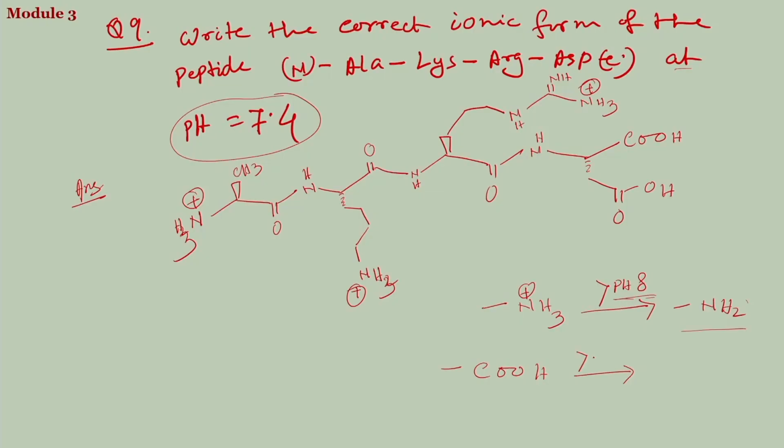So above pH 4 they will exist as the deprotonated form, COO minus. Below that pH it will be protonated.